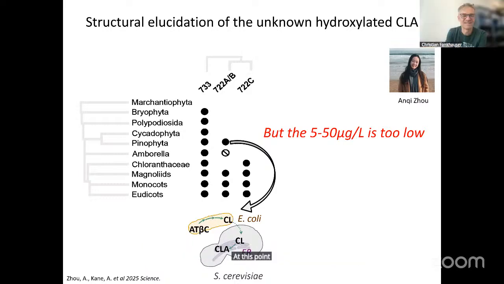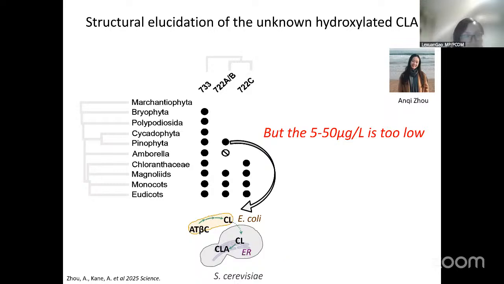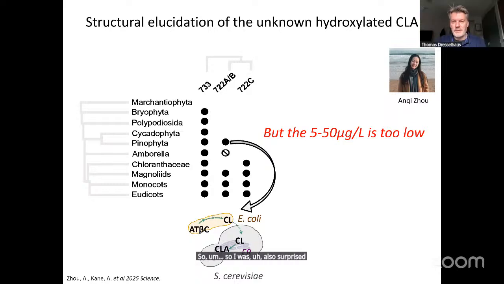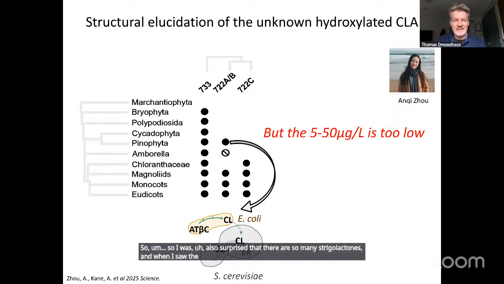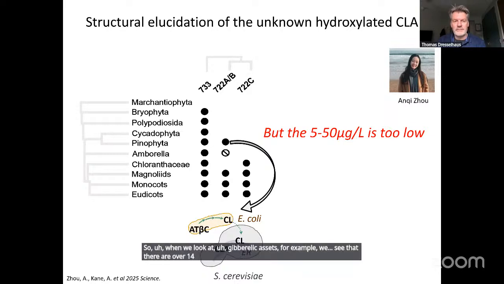Indeed. Thank you. Thomas, please. So I was also surprised that there are so many strigolactones, and when I saw the list, I had the same question: why so many? When we look at gibberellic acids, for example, there are over 140 or so, but very many of them have no biological activity.